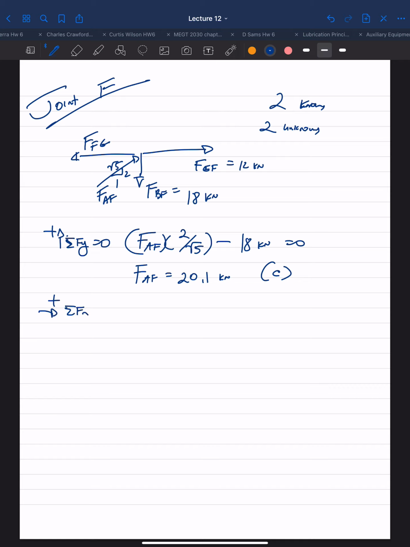Take the sum of our forces in the x direction. You have FEF, which is 12 kilonewtons, plus FAF, which is 20.1 kilonewtons, times the x component, which is 1 over square root of 5, minus FFG. So for FFG, you get FFG equals 21 kilonewtons and tension.